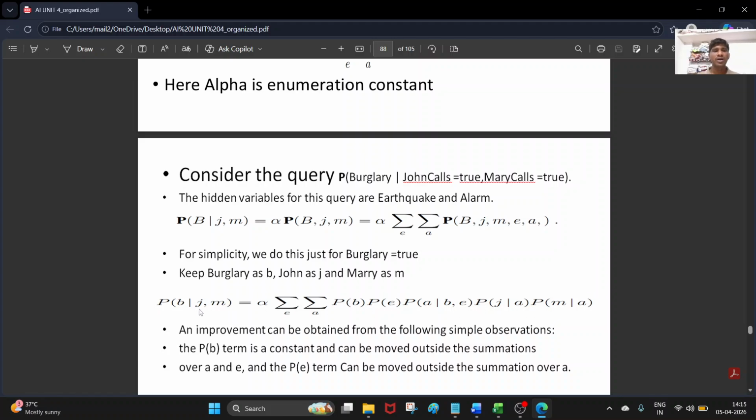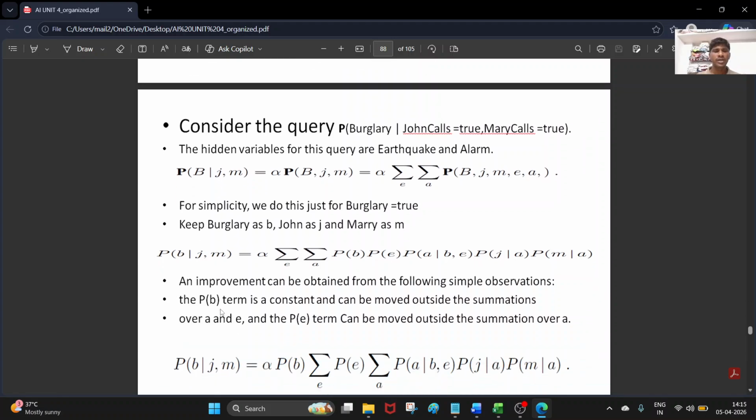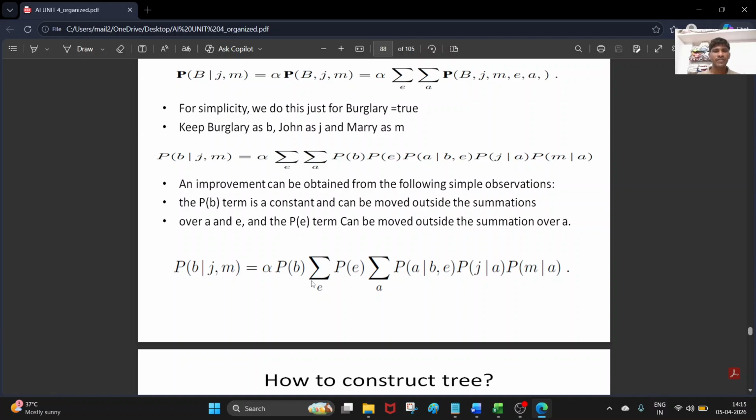We are splitting and writing it for the entire expression, where the two summations are E and A. P of B is constant and is moved outside the summation, that is alpha into P of B. Then P of E belongs to the hidden variable E, and P of A with these three terms depends upon A, so it is kept inside.